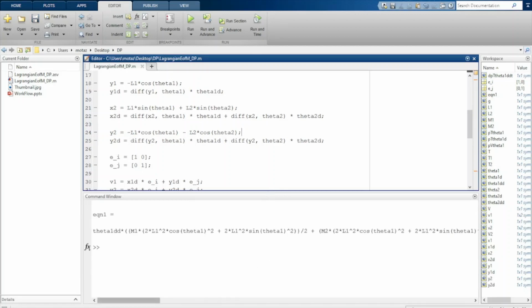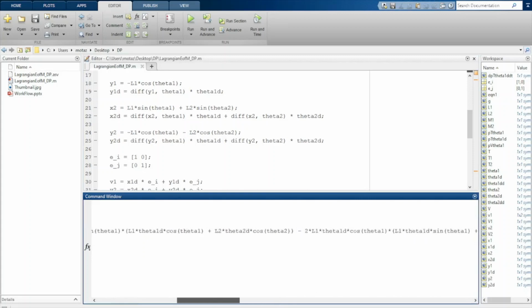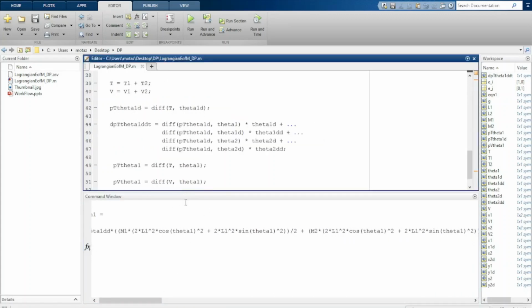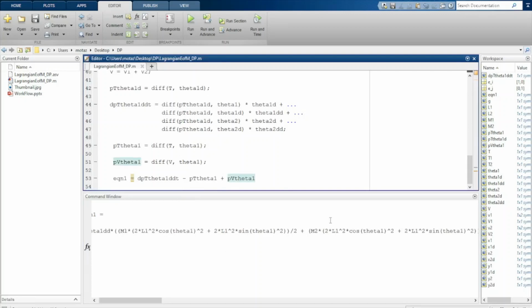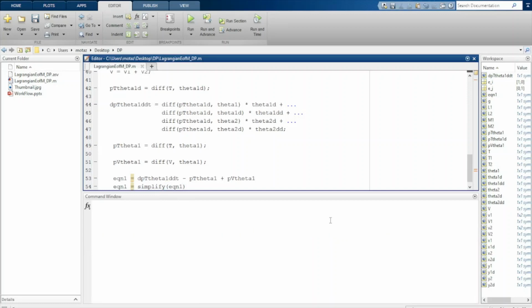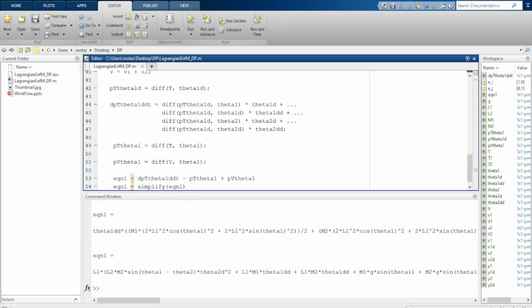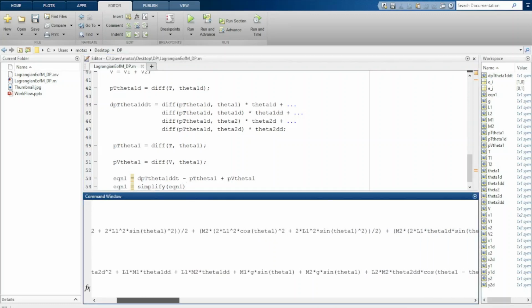So there's equation 1. It's pretty long, but what we can do is use the simplify function in Matlab. Equation 1 equals simplify equation 1. And you can see it got greatly reduced.